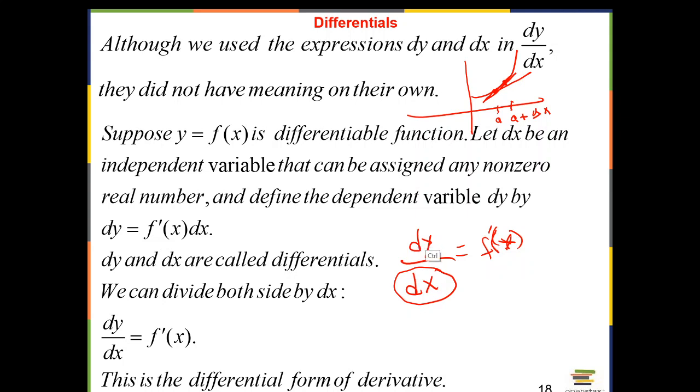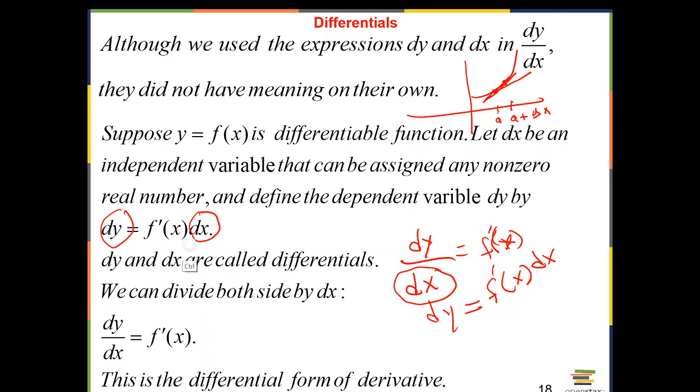If you separate it here, dy is the slope of the tangent line times that dx, right, if you cross multiply. So we're going to think of this as a function of dx. And of course, f prime also changes here, right? So dy and dx are called differentials, right?